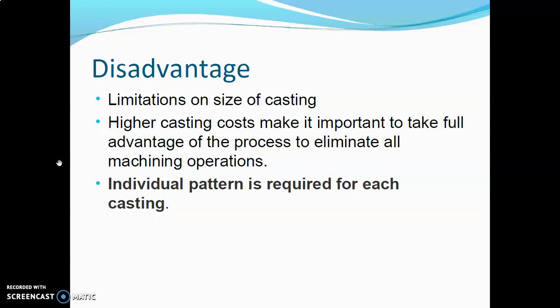Because we are using multiple components on this single piece, higher casting costs make it important to take full advantage of the process to eliminate all machining operations. An individual pattern is required for each casting, so this actually increases your cost.